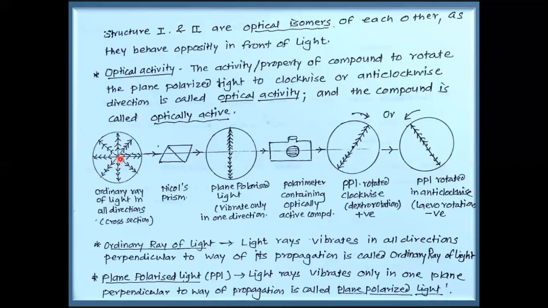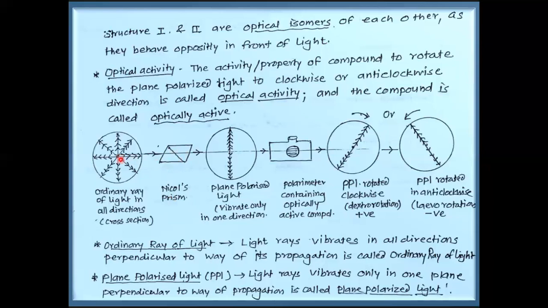Now, when this ordinary ray of light is passed through a Nichol prism, these two prisms are cemented with a special type of cement, Canada balsam. So these two prisms are bonded, attached to each other, and it is called a Nichol prism.